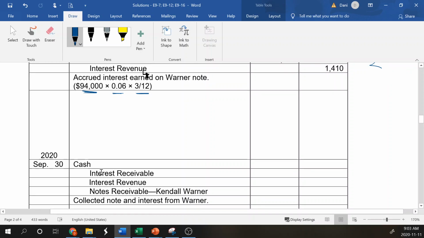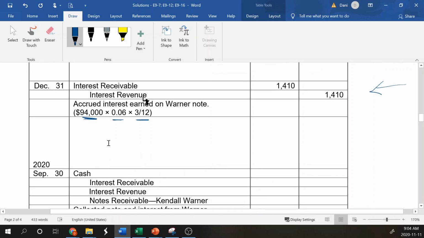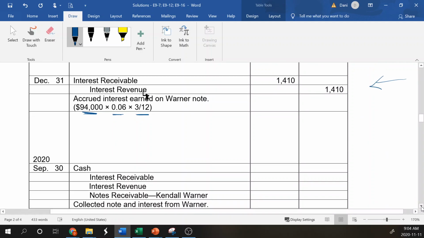We know we're going to receive cash, and we have already booked this interest receivable above. So we need to clear that. But then we also have the remaining 9 months of interest revenue that we need to book.